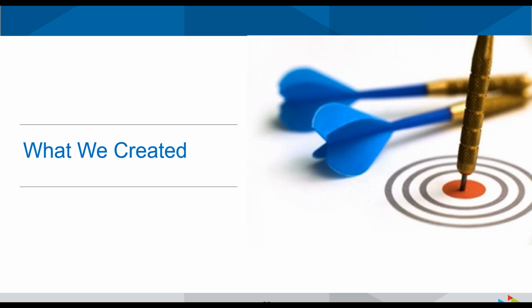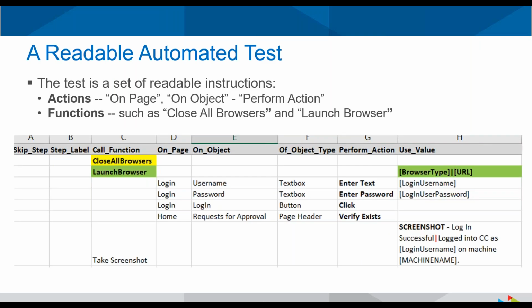Okay, so what we created. Here's a look at what a test would look like that would just be logging into an application. We've got our ability to skip the steps on the far left.